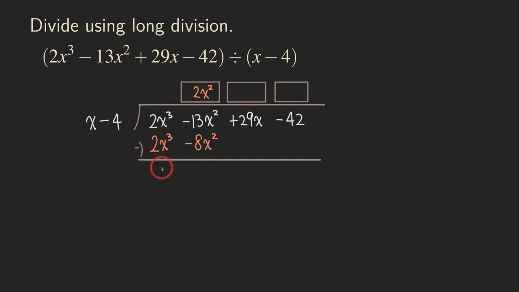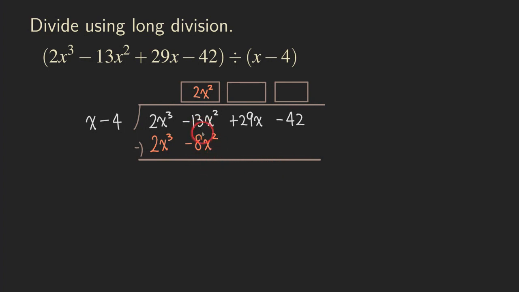When you subtract two things that are the same, 5 minus 5, 2x cubed minus 2x cubed, they are going to become 0. Okay, so we do not need to put anything here. You can put a 0 here if you want, but there is no reason for that. It will just make more stuff on the screen, which will cause confusion. So we try to keep it as clean as possible when we're doing the calculation.